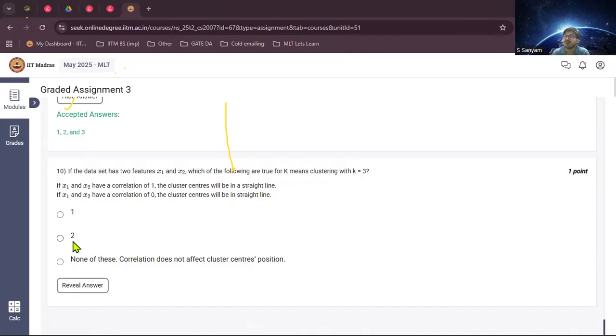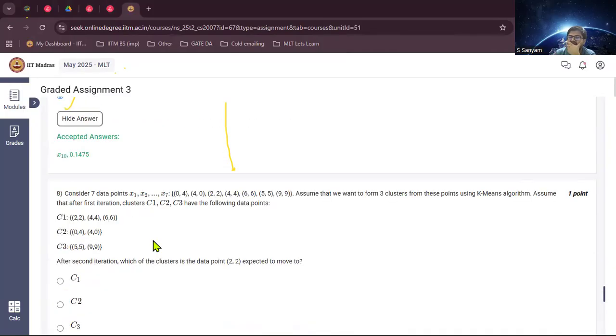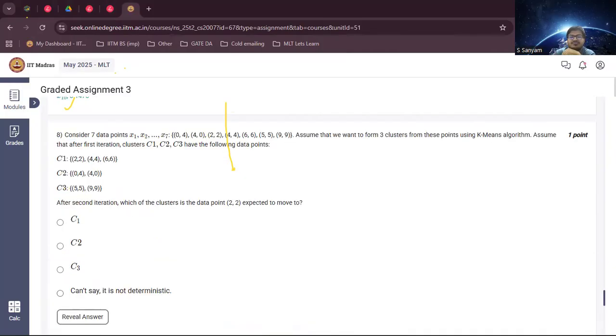Some instances may take more time to converge, and some instances may converge either in a local minimum or in a global minimum. It depends on the first random initialization. So we have smart initialization, K-means plus plus, where we choose better mean centers to avoid that, and this all has no relation.